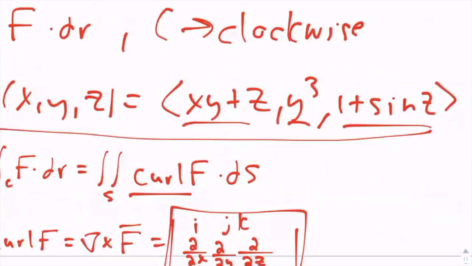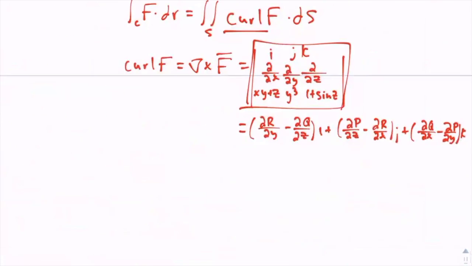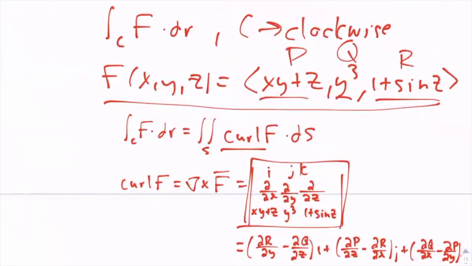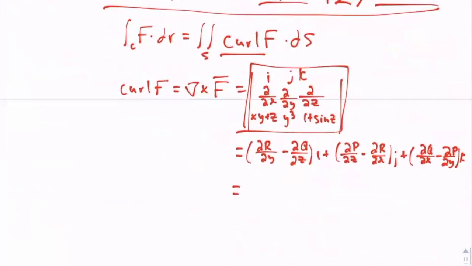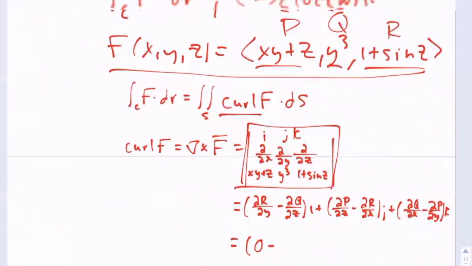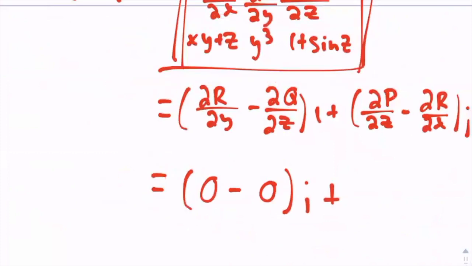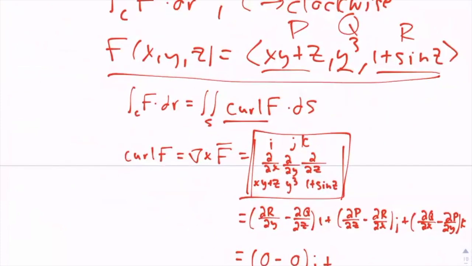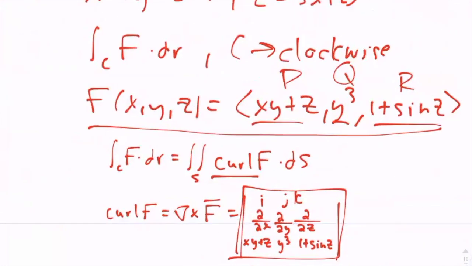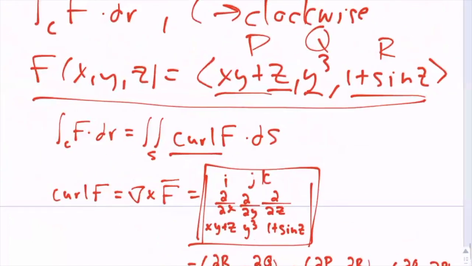And let me just remind you, this is our P, this is our Q, and this is our R. So when we go ahead and simplify this, partial R with respect to y, we see there's no y in the R, so we can just say this is equal to 0 minus, let's go to the Q. There's no z in the Q, so that just comes out to be 0 as well, plus P. There is a z, that partial P with respect to z, we see it's just right here, so that would just equal 1 minus partial R with respect to x.